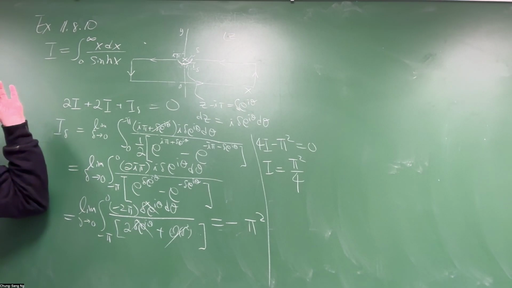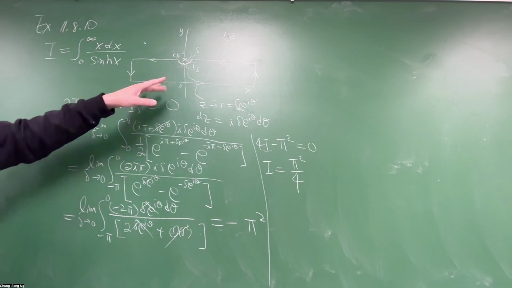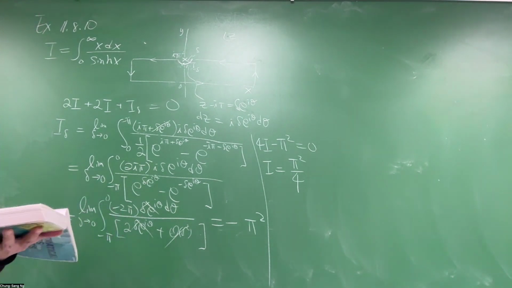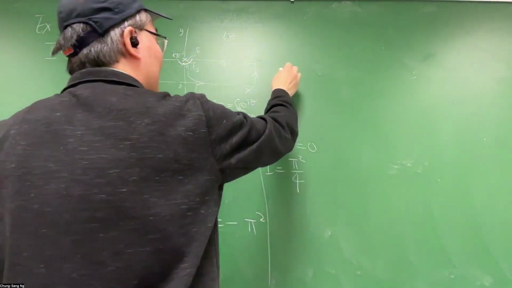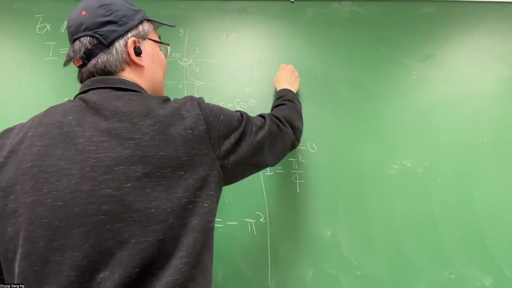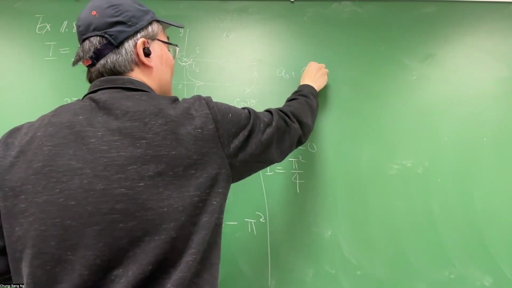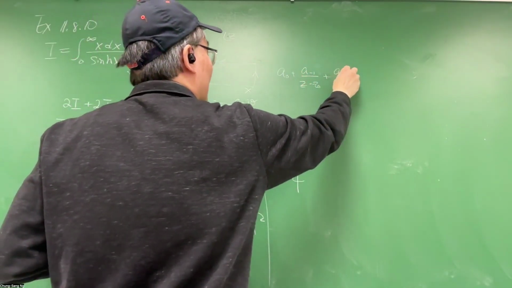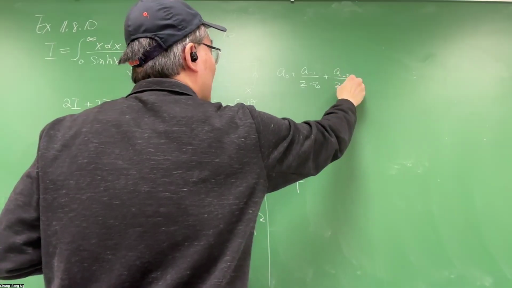Very close. Because remember we derived the residue theorem, so you have the Laurent series, just like a Taylor series. You have a sub 0 plus a sub minus 1 plus a sub minus 2, and so on.